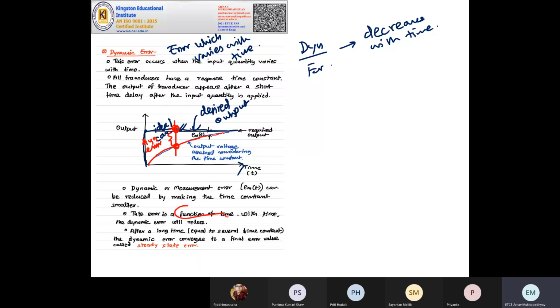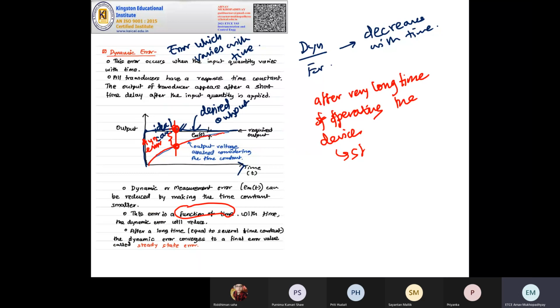Remember, this one is a function of time. Dynamic error will reduce, and after a very long time of operating the device, the device should have achieved the final value, but still there will be an error.